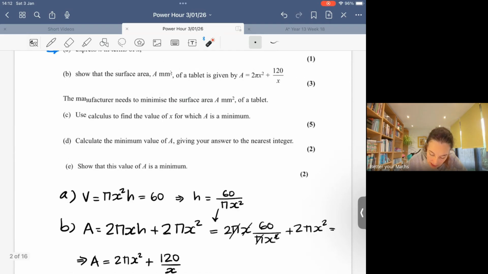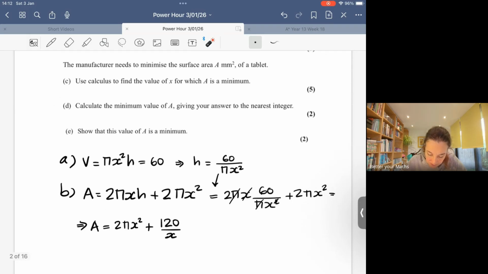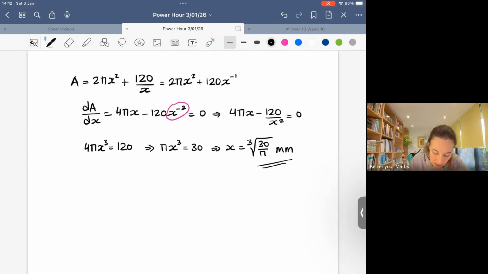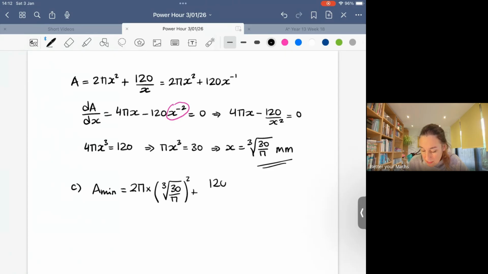So we have this formula for the minimum area. So we are going to substitute that. That was C. So the minimum surface area is going to be 2 pi times, and instead of X, I have that cube root of 30. That's why I could keep probably the whole thing, because then in the calculator it's going to be fine, and we are not going to be missing decimals.